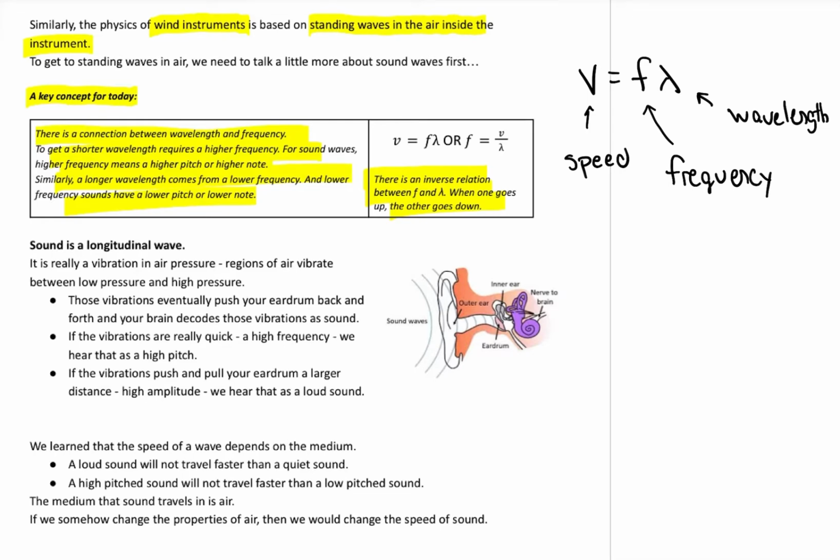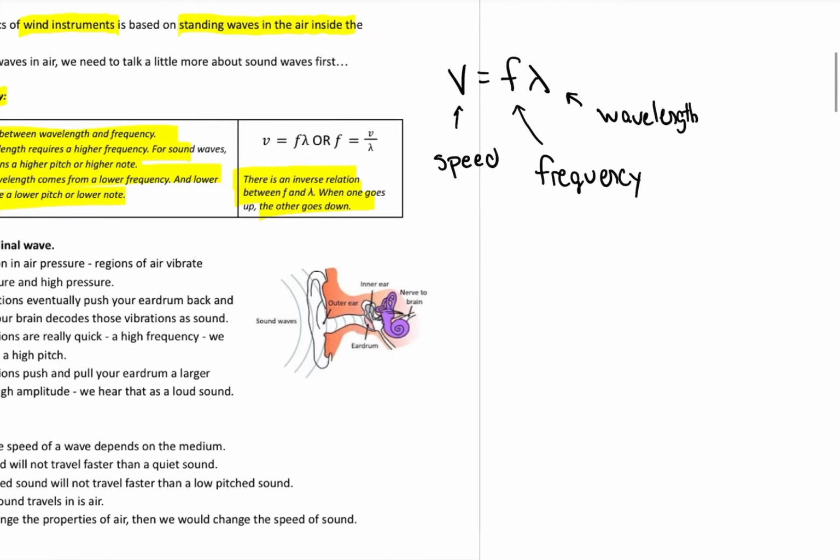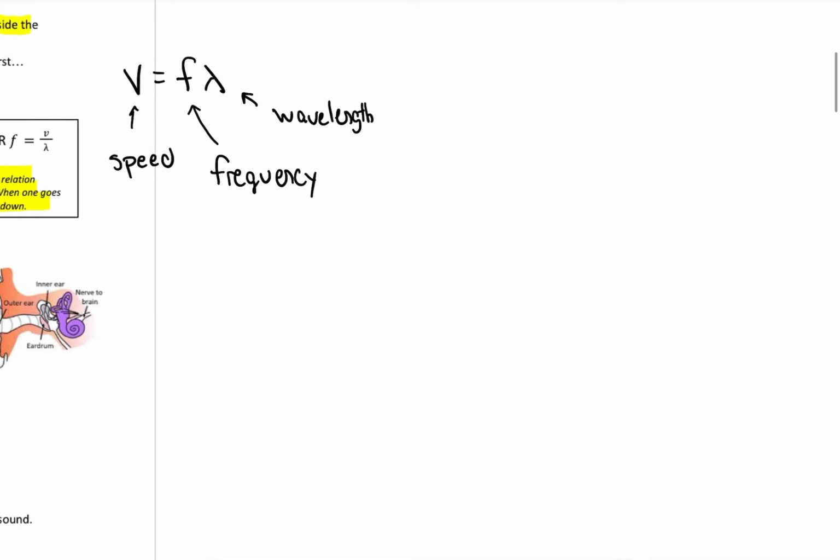We're going to talk more specifically about the speed of sound before we get going too much farther, but usually the speed of sound doesn't change. So if the speed of sound is a constant, then really what we're saying is f and lambda have to multiply to make that number.